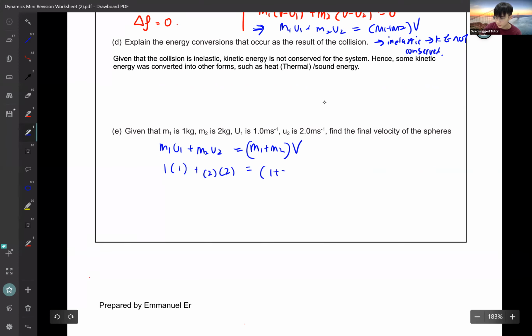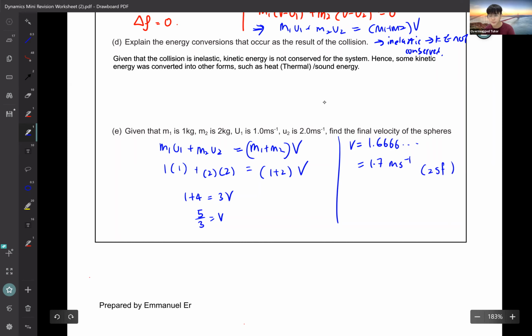Then you have (1 plus 2) times V. If you want to find the final velocity of the spheres, 1 plus 4 equals 3V. So 5 over 3 equals V, and V is 1.6666, so 1.7. That's it.